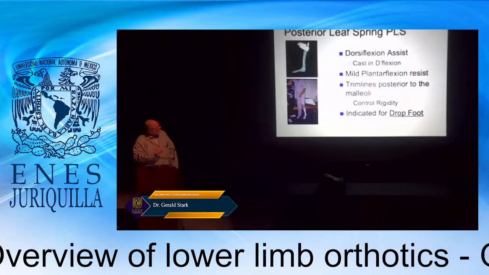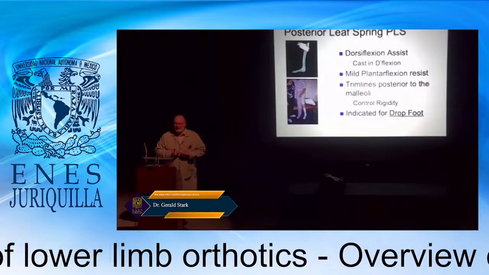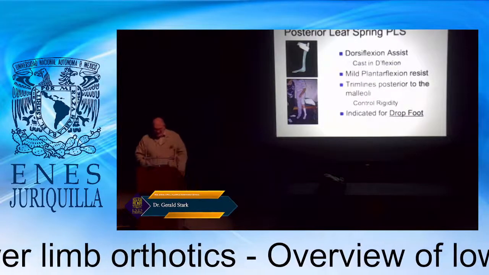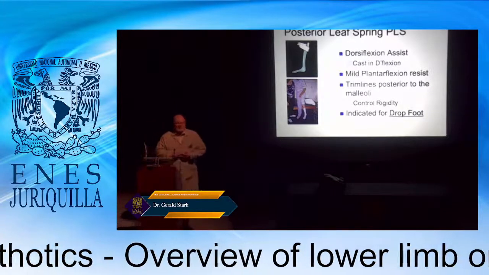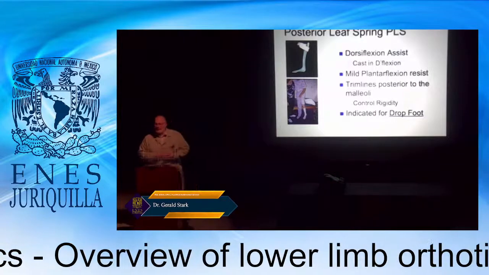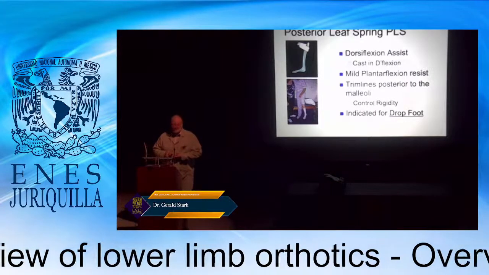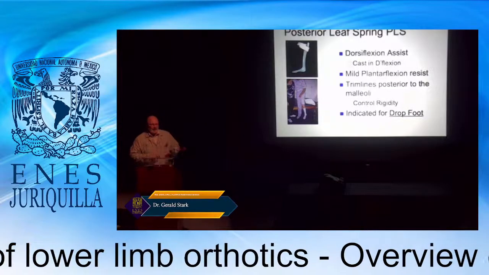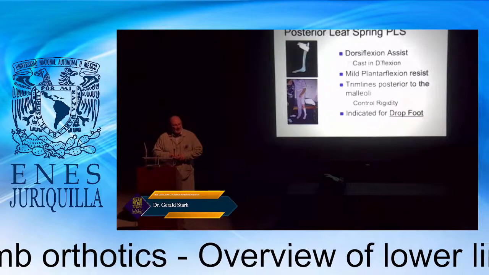You'll notice how thin this device is, and that's because we're really not correcting the frontal plane. We're really just correcting the sagittal plane. A posterior leaf orthosis is probably most often used for drop foot. Now, can you think of any carbon composite orthoses that are used in the very same way? Yeah. There's a number of carbon devices called the Allard brace.